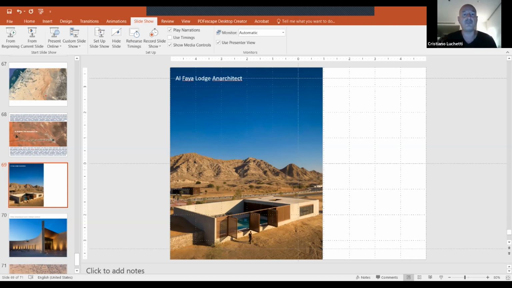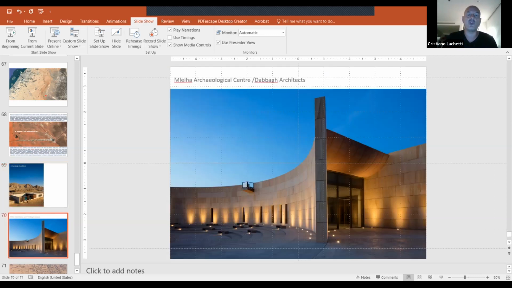So this Al-Faya Lodge by an architect shows how modernism can step back and give more importance to the landscape in its minimalistic architectural expression. Or also this beautiful museum by Dabaga Architects, who I know was one of your speakers, that also reflects this kind of cultural component.